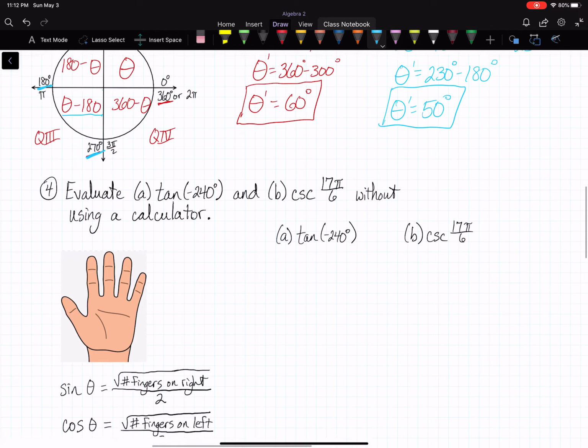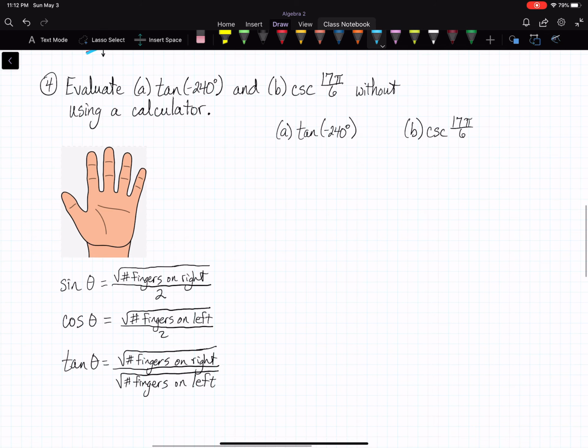Okay? So our last problem, number 4, says to evaluate the tangent of negative 240 and the cosecant of 17 pi over 6 without using a calculator. So that's the key. Without using a calculator. Anybody can type these in their calculator and get it.